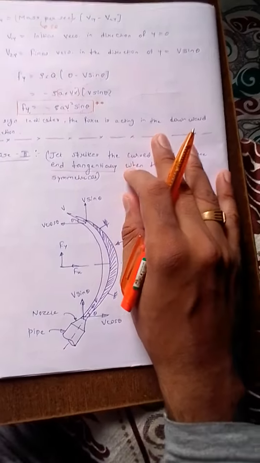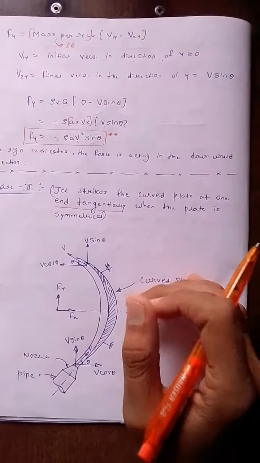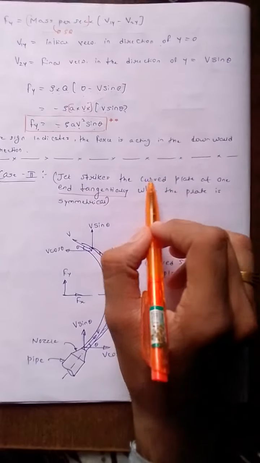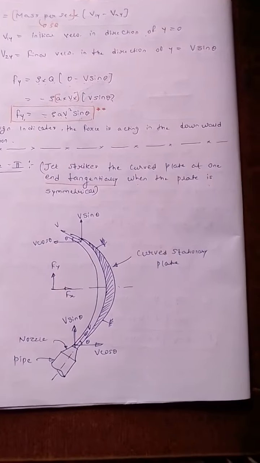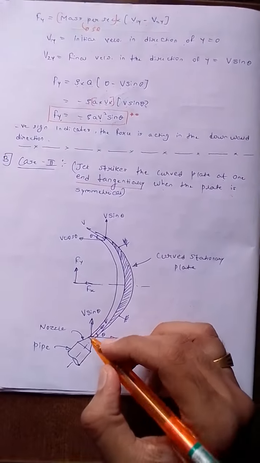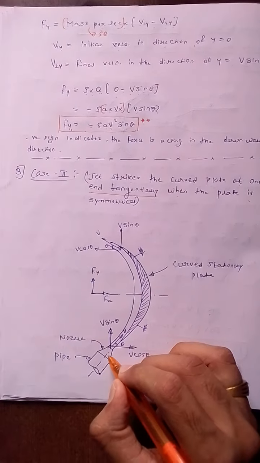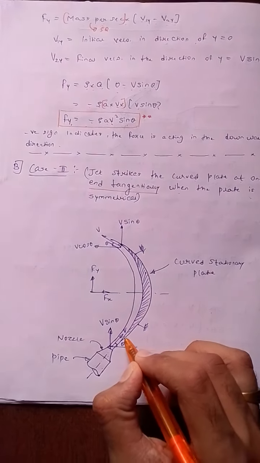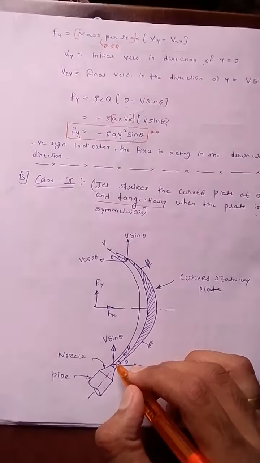In this derivation the jet will be striking the plate along the tangential direction. As I have written here, the jet strikes the curved plate at one end tangentially when the plate is symmetrical. This is the diagrammatic representation where you can see there is a pipe and a nozzle connected, and this is the curved plate, and this is the jet over the surface.